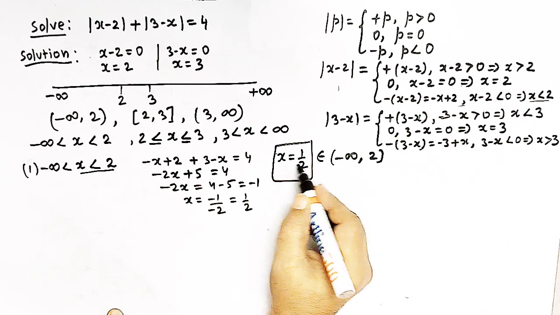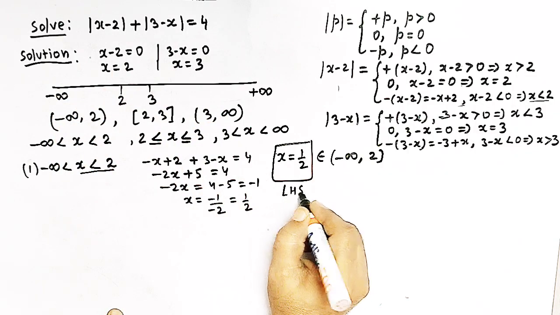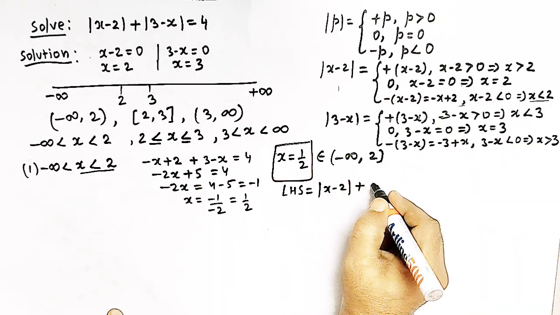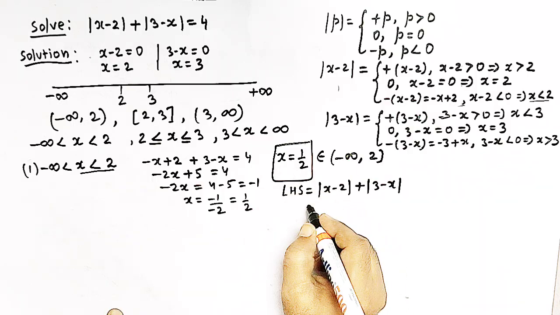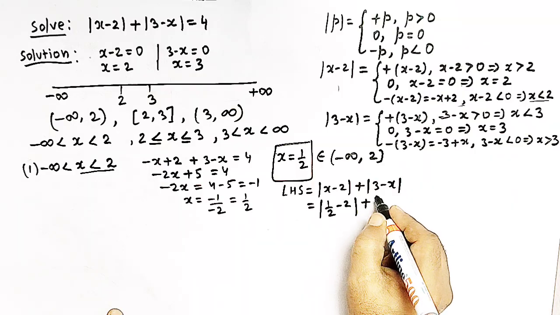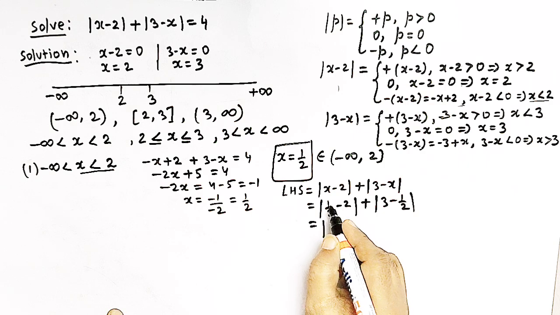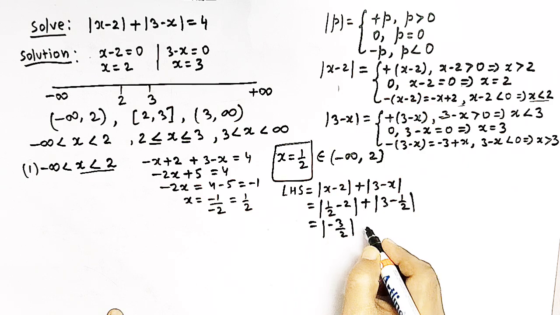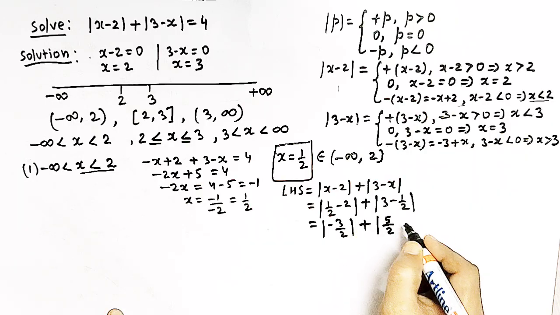And we can also verify that x is equal to half is a solution of this equation, because the left hand side of this equation is mod of x minus 2 plus mod of 3 minus x. So taking x is equal to half, we have now half minus 2, then we have 3 minus half, and here we have half minus 2 is minus 3 over 2, and here we have 6 minus 1 over 2, that is 5 over 2.